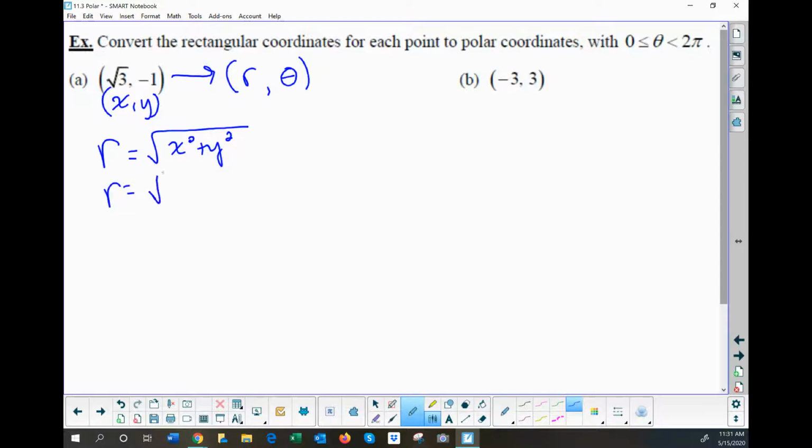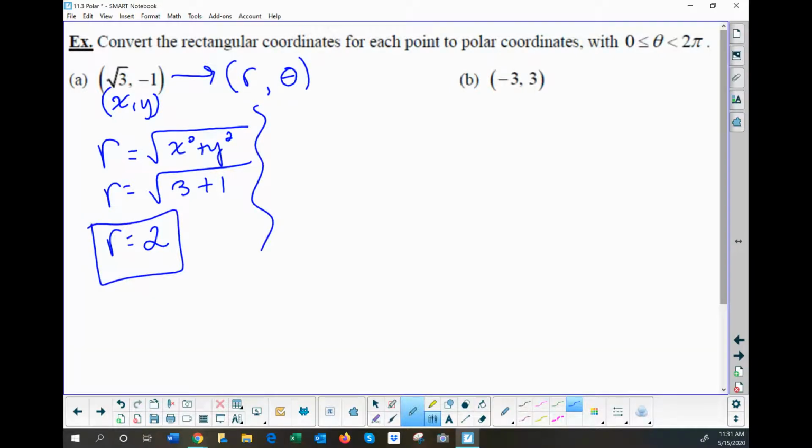R is equal to square root of 3 squared, so 3, plus 1. R is 2. Now, that's a positive 2, and I've got to make sure I land in the right quadrant. So just for a moment, I'm going to think this is positive x, negative y. This sounds like a quadrant 4 value to me.